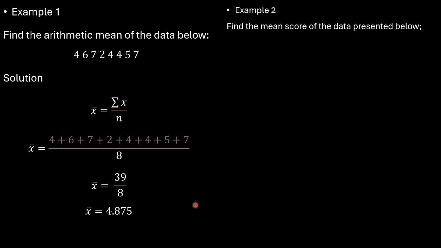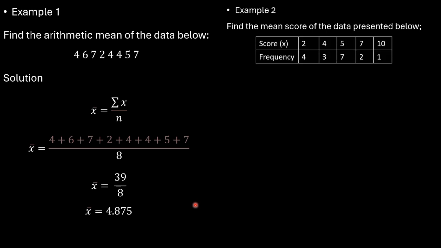Let's look at another example. We have to find the mean score of the data presented below. We have this table given to us. So here is the solution. The best formula to use in this scenario is summation fx divided by summation f, since we have our data in a frequency table.